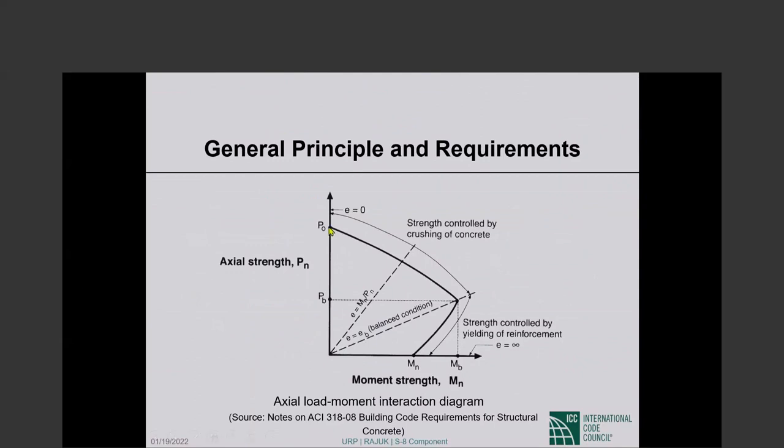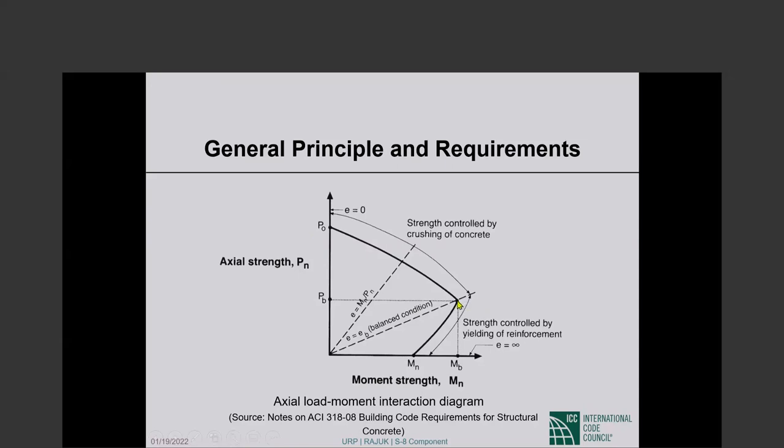So the load moment interaction diagram, this is the flexural strength M sub n. This axial load is typically denoted by P sub 0, that is the P sub n at zero eccentricity, when there is, at least theoretically, no moment.